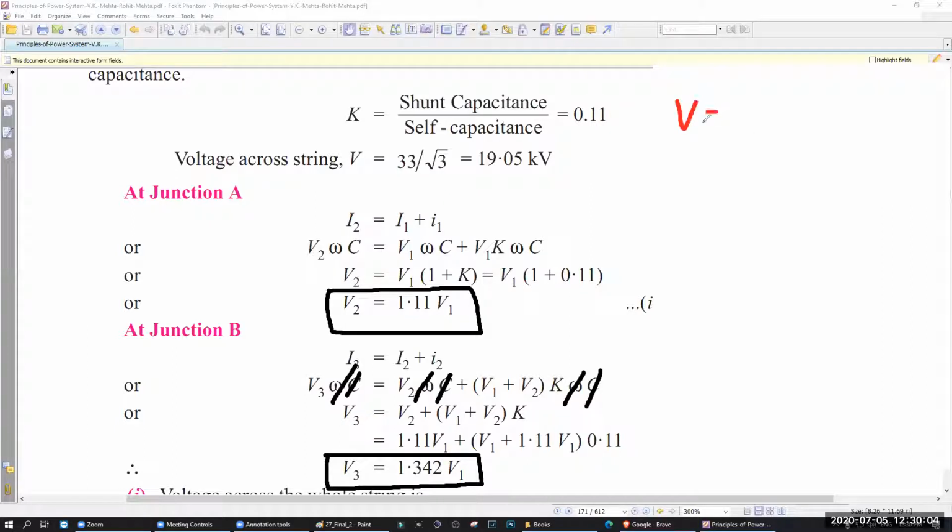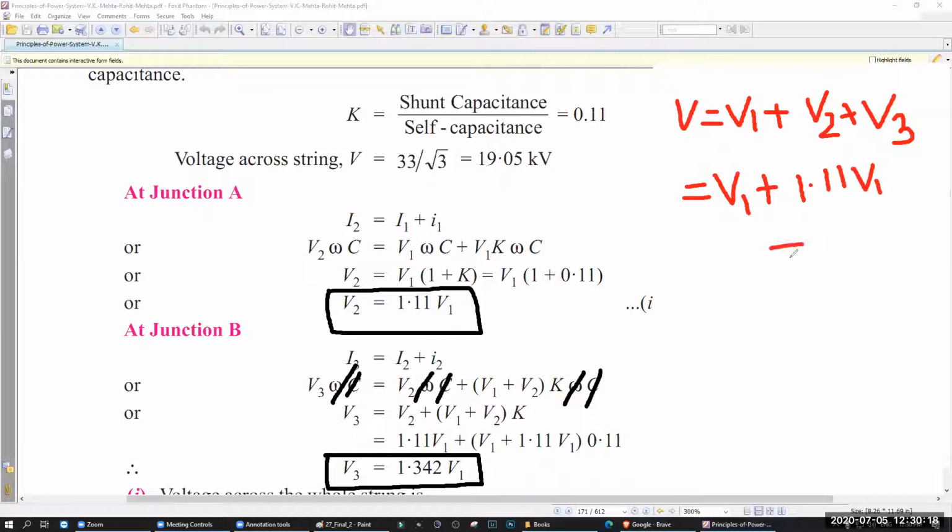Now, V is equal to V1 plus V2 plus V3. V1 is V1, V2 is 1.11 V1, V3 is 1.342 V1, right?